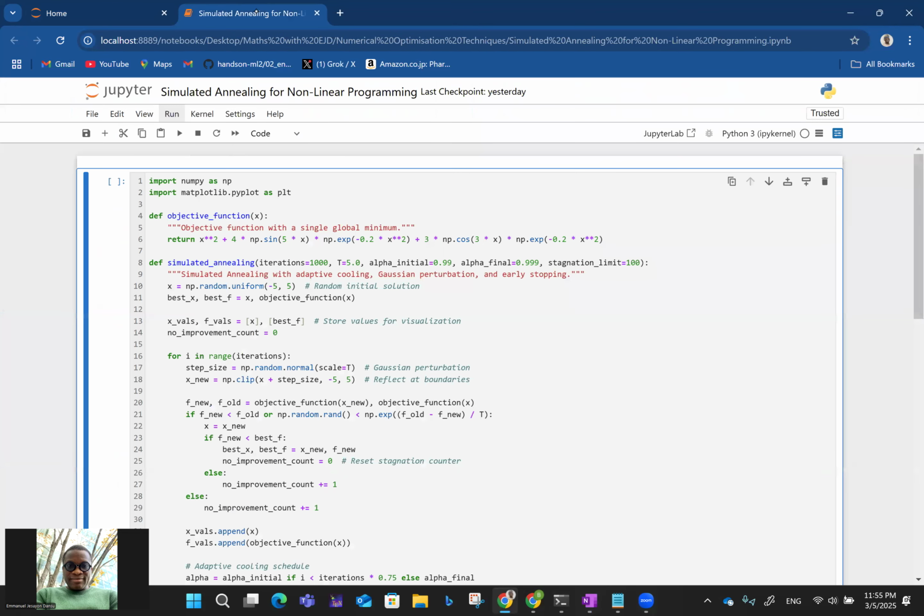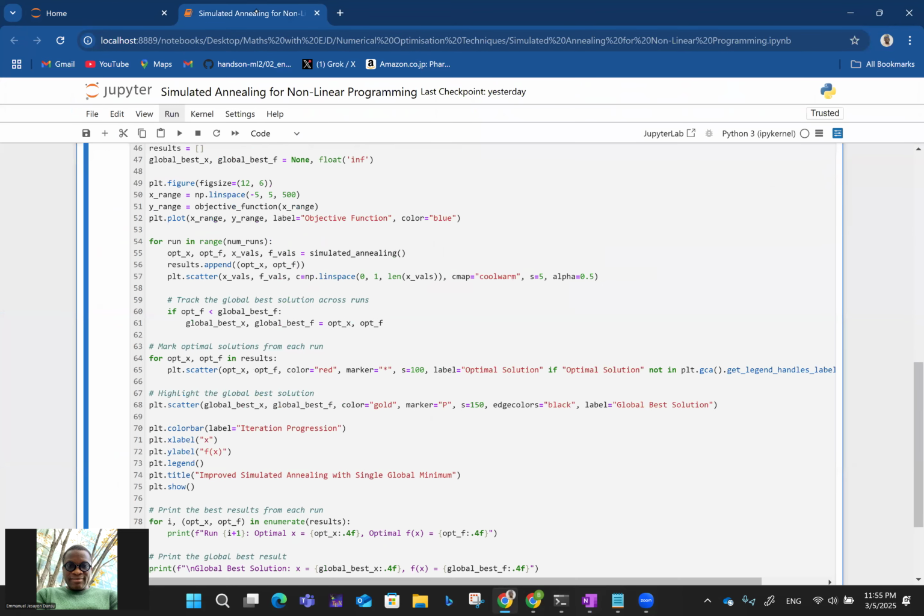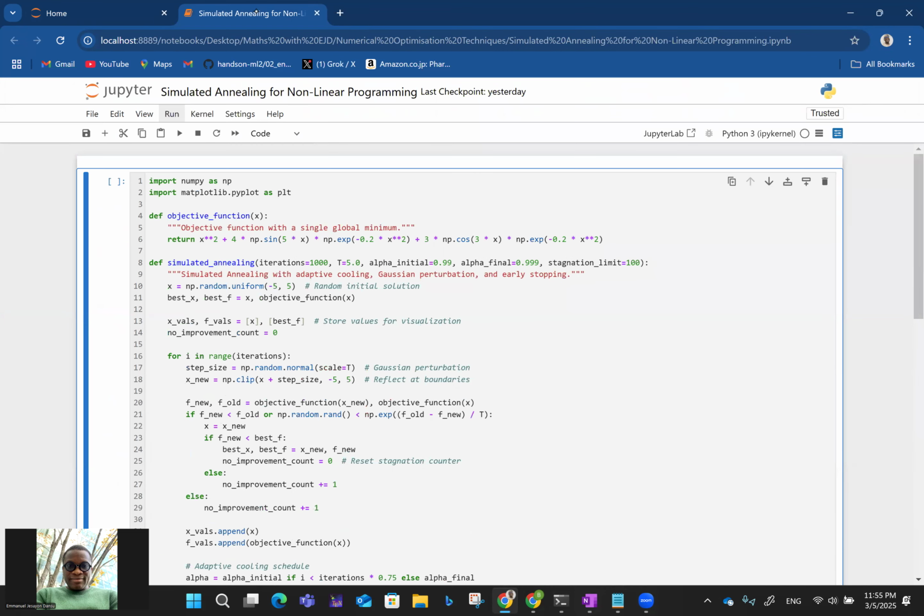Simulated annealing. Okay, so this is it here. 82 lines. Of course, it could be better if we try to optimize the code. So the function we are dealing with is in line 6, x squared plus 4 sine 5x.